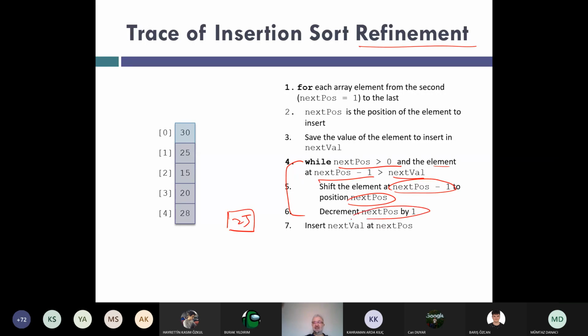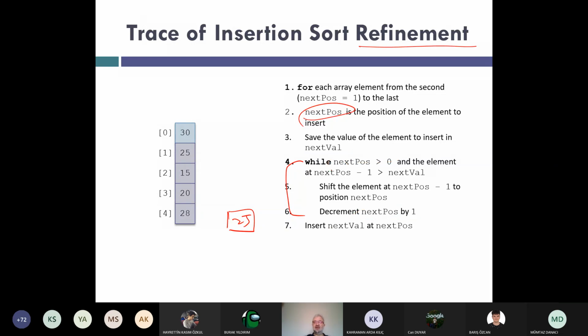And decrement next position, of course. Next position will be from current value and decremented by 1 each time until 0.